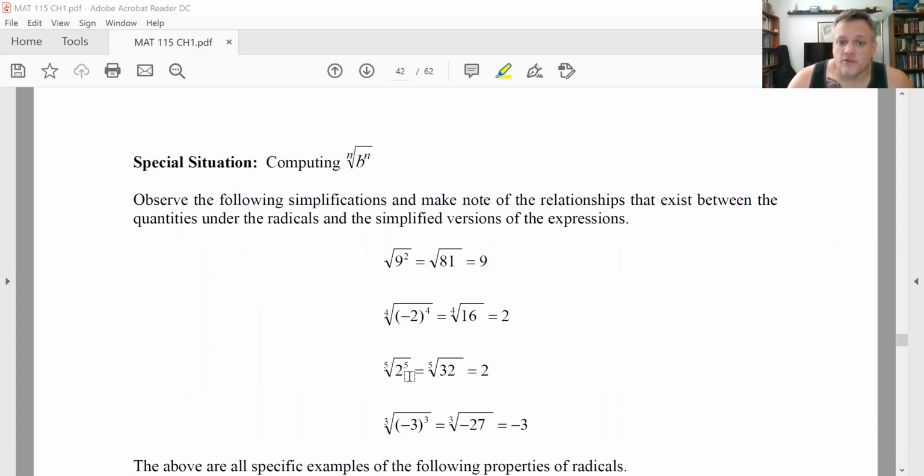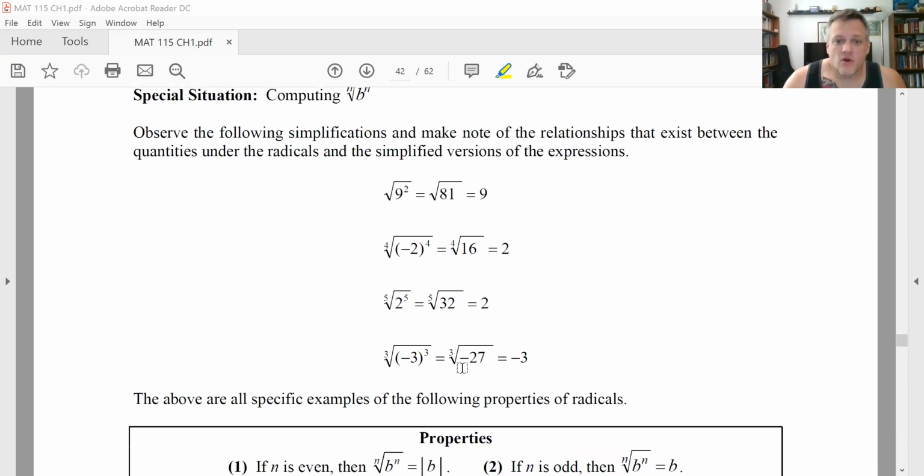If I took the fifth root of 2 to the fifth, remember 2 to the fifth is really 32. What number can you raise to the fifth to get 32 back? 2. So in all of these examples, if you look at the even index ones, you never got a negative as a result, even though the thing being raised to the index inside might have been negative, right?